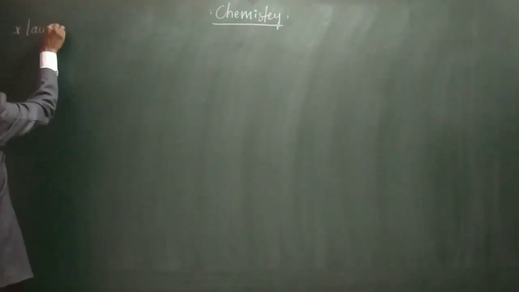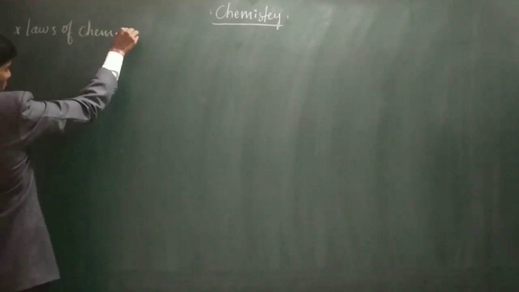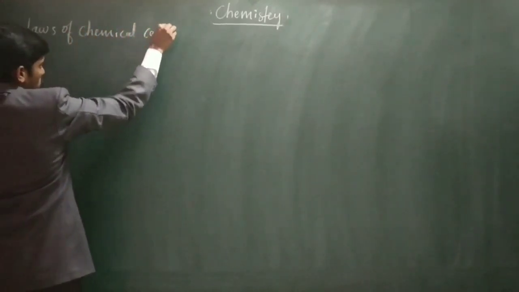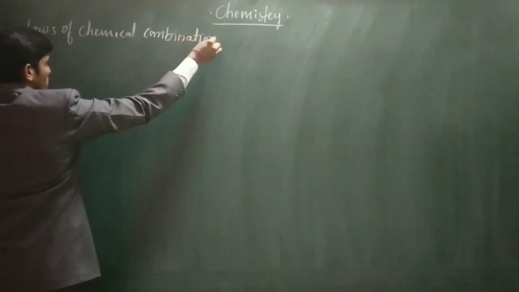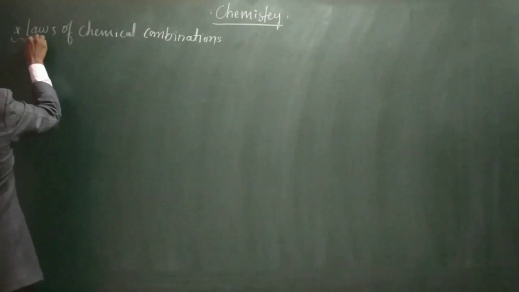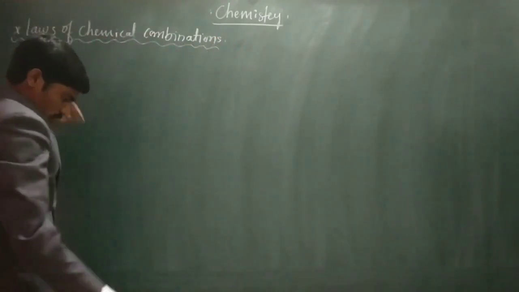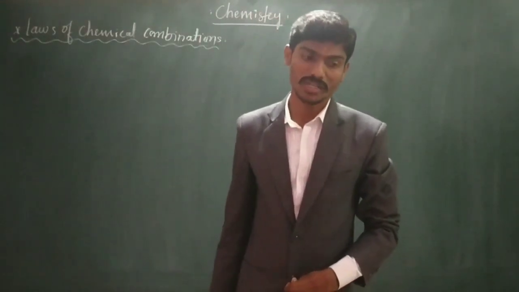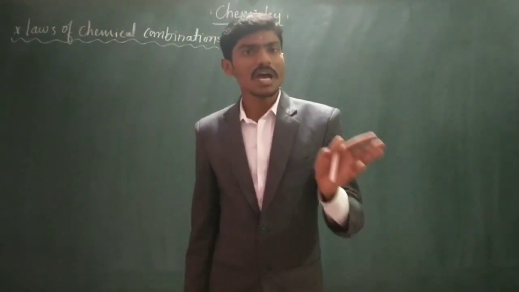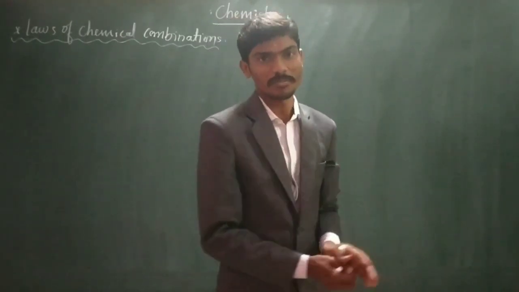Next heading, laws of chemical combination. So in this part, in the 17th century, the chemists were trying to convert matter from one form to another form.